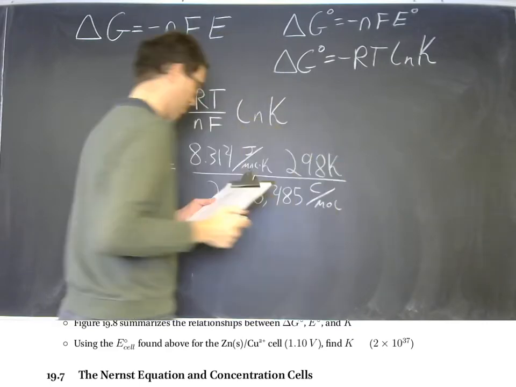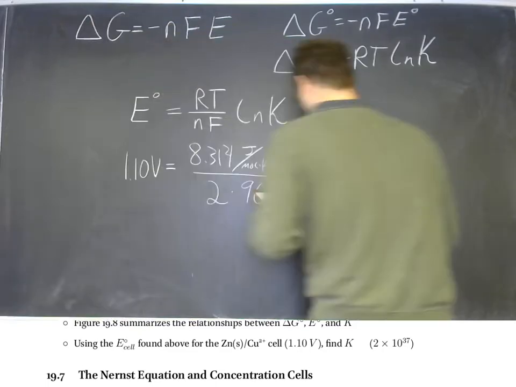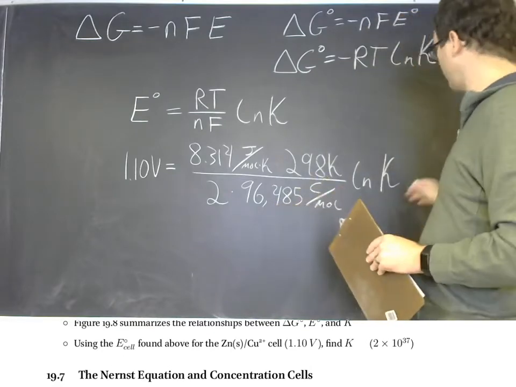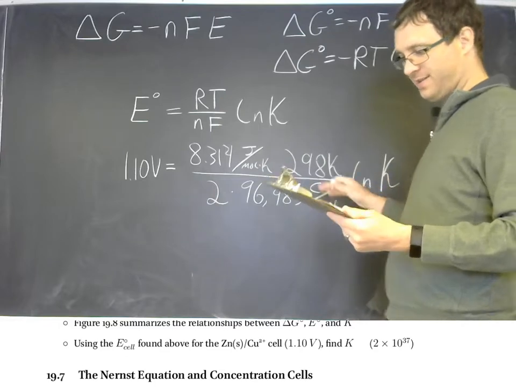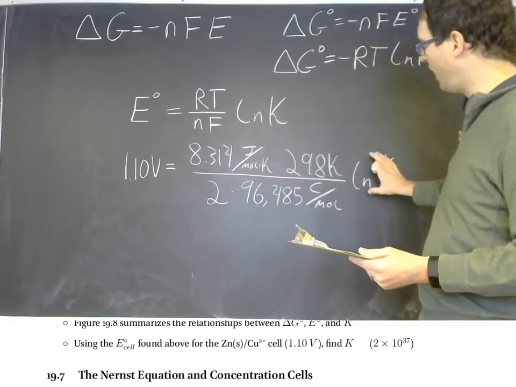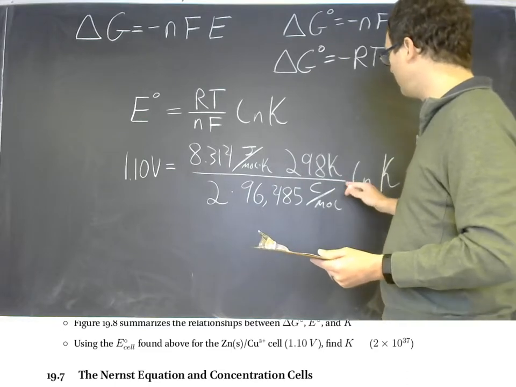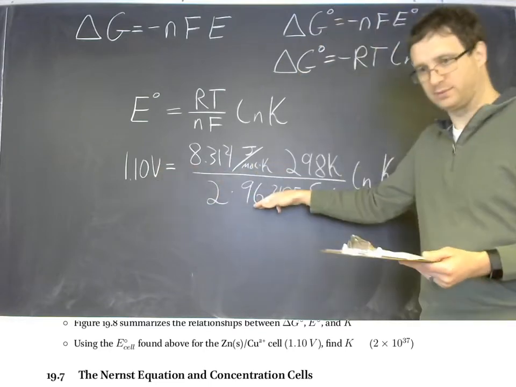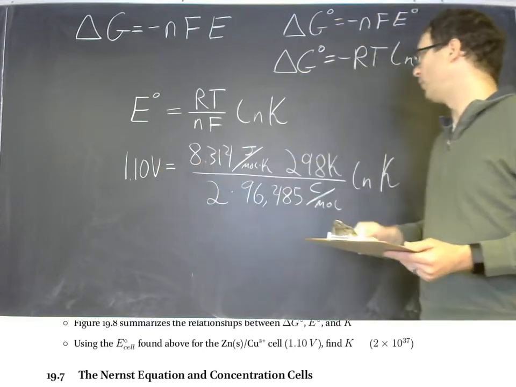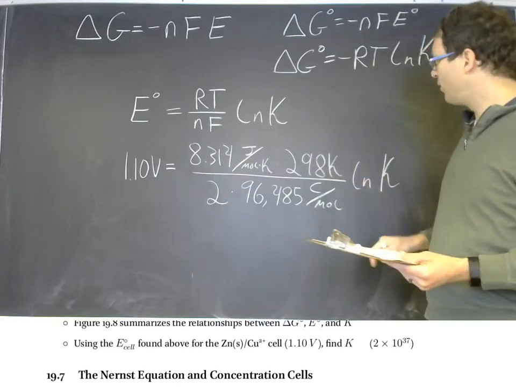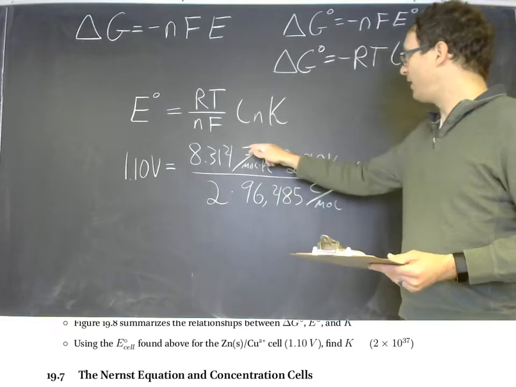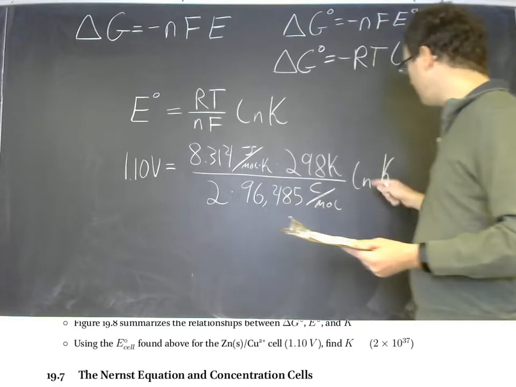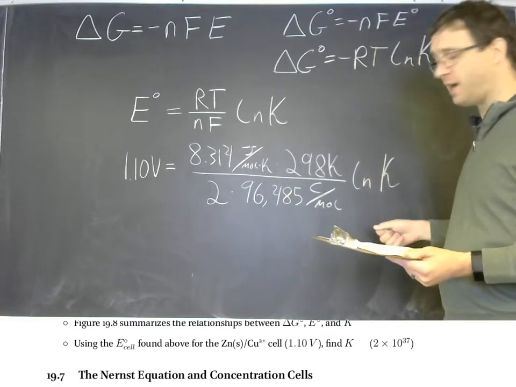And that is all multiplied by the natural log of K. And so what you'll do is, I actually don't have the intermediate answer here, but the natural log of K will end up being equal to some number, which would be 1.1 times 2 times 96,000 divided by 8.314 divided by 298. And you'll notice that your kelvins cancel, your moles cancel, and your joules will cancel with the coulomb volt, and so that number is going to be unitless. And in order to get rid of the ln of K, then we're going to have to raise e to the power of both sides.